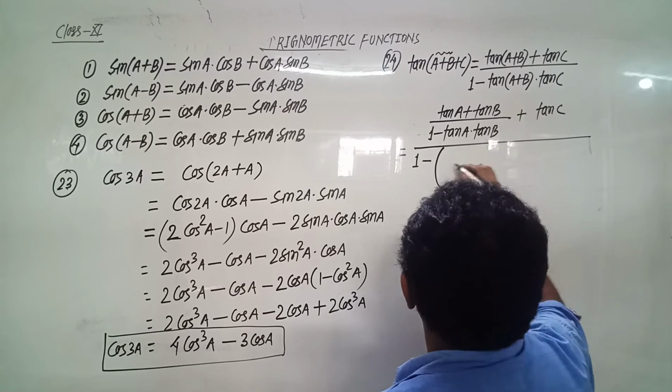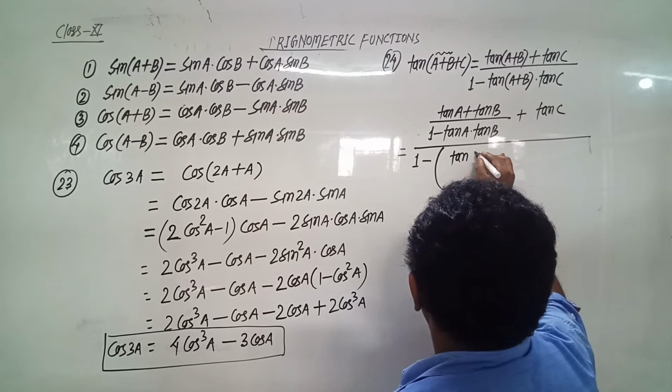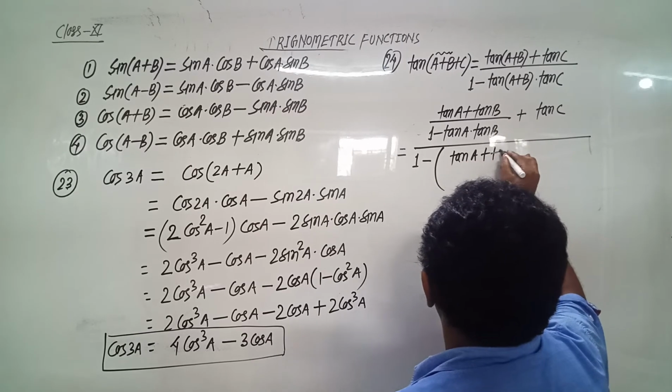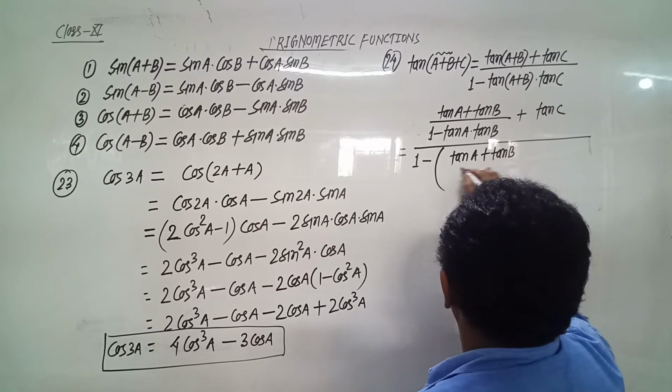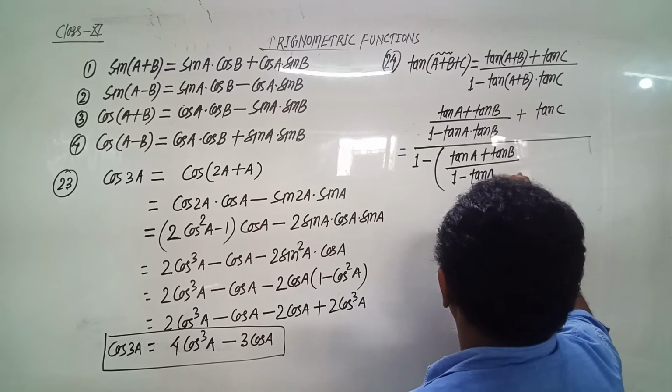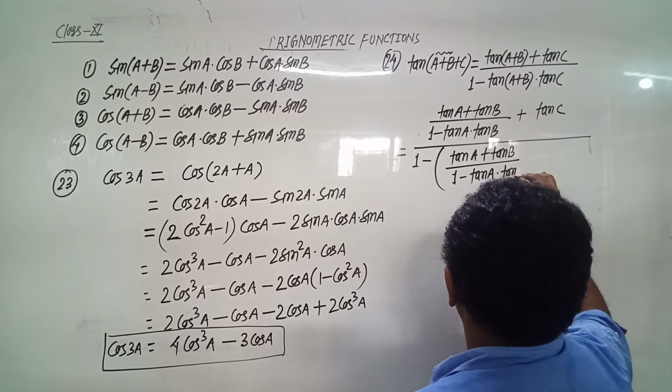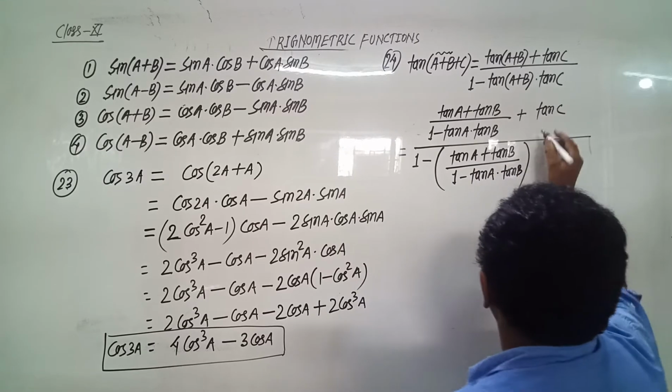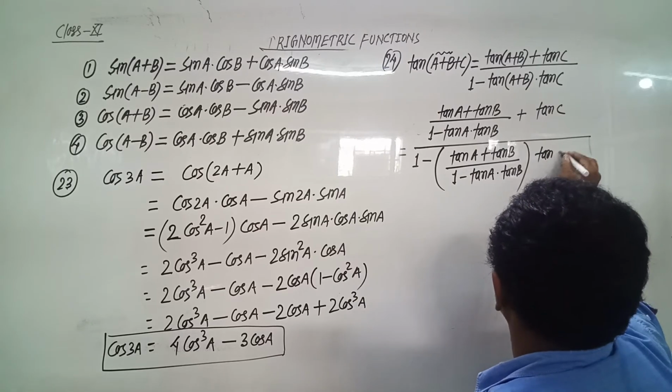So tan A plus tan B upon 1 minus tan A into tan B, then into tan C.